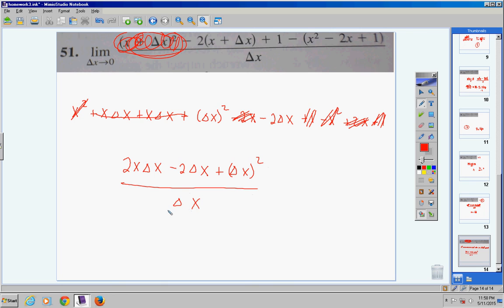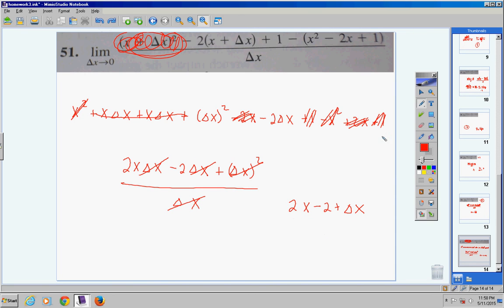So delta x would cancel with this, and with one of these, so we're left with 2x minus 2 plus delta x all over 1, which of course we don't need.